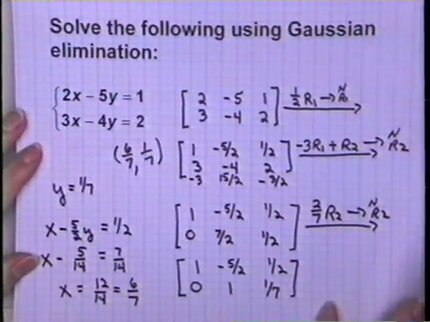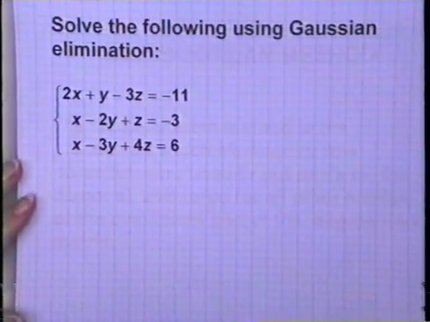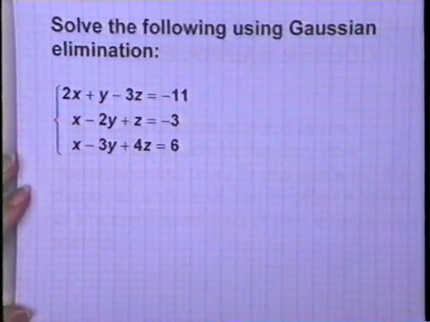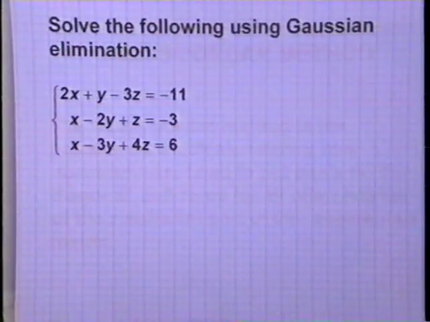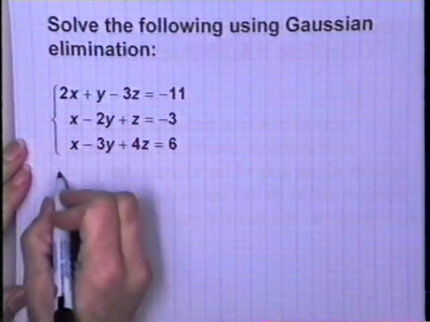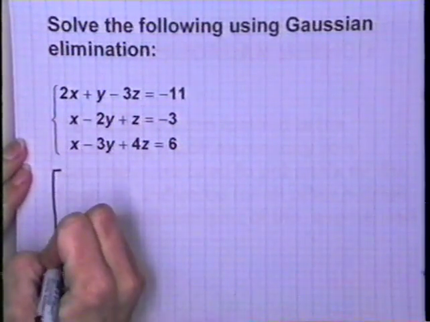Now, let's do one more of these where we're doing this Gaussian elimination. This time we're going to do one that has 3 equations and 3 variables. Okay, well, let's start by writing the matrix.